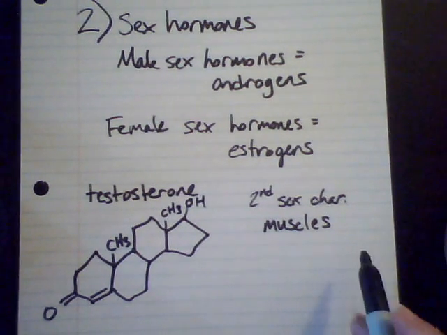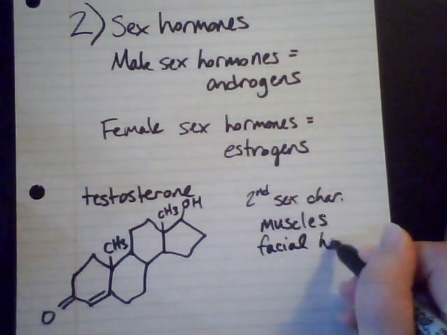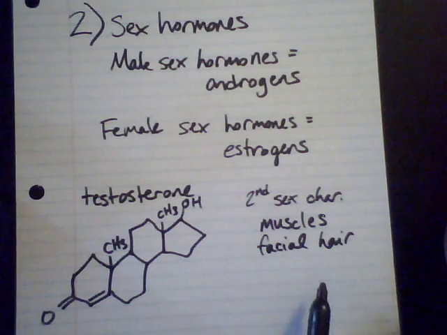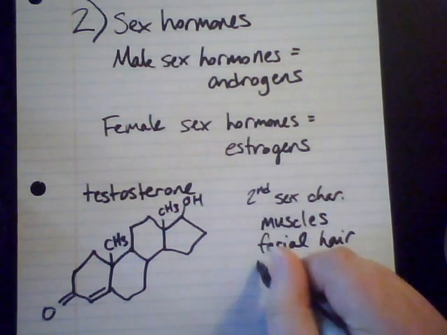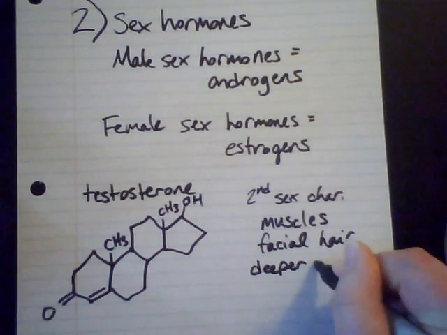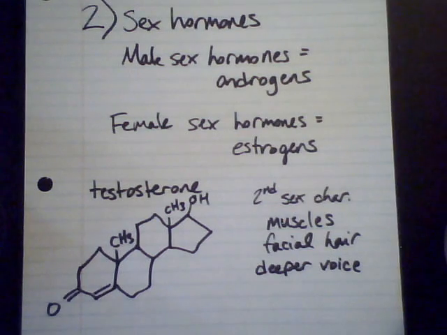Part of that is because of testosterone. They also start to get facial hair, for better or for worse for the boys, since they have to shave it all the time then, and they get a deeper voice. Okay, so that's testosterone. It's an androgen.